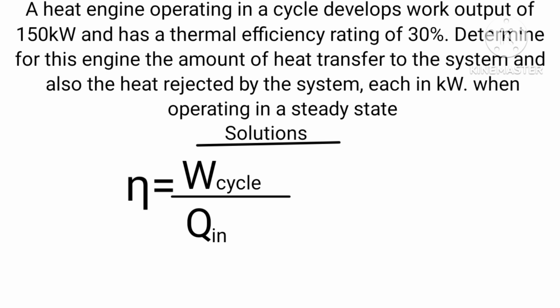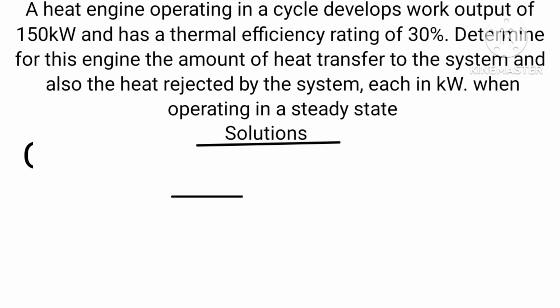So we use the formula of the power cycle, eta equal to W cycle over Q in. What we do here is find the subject formula for Q in, and Q in is equal to W cycle over eta.